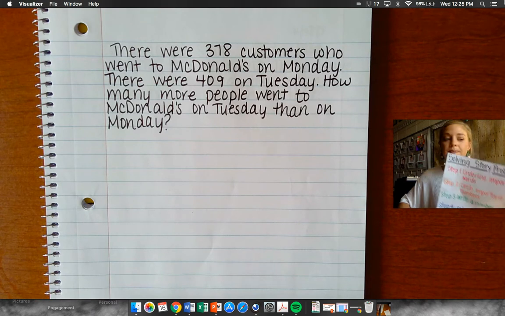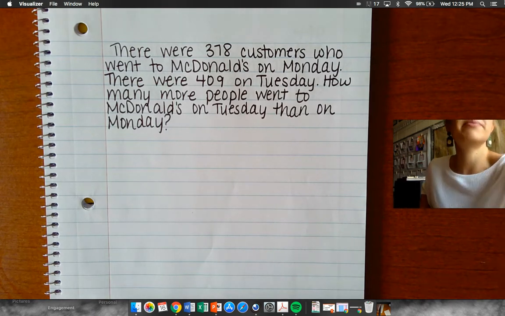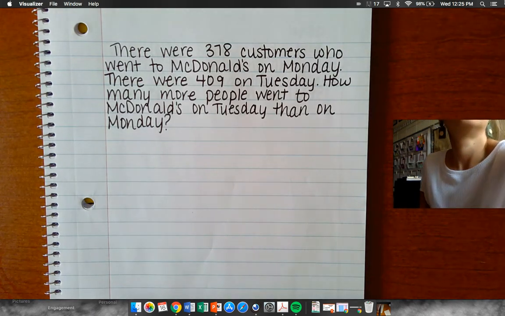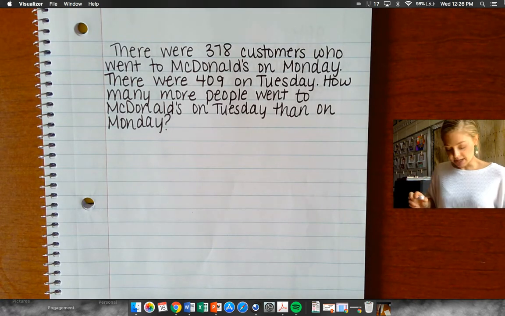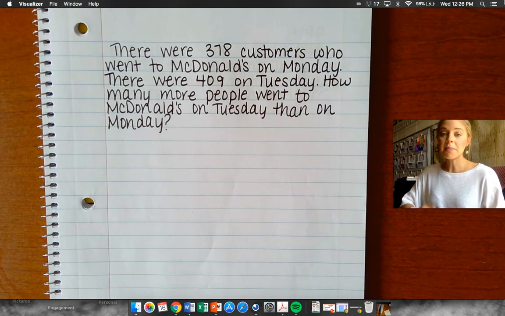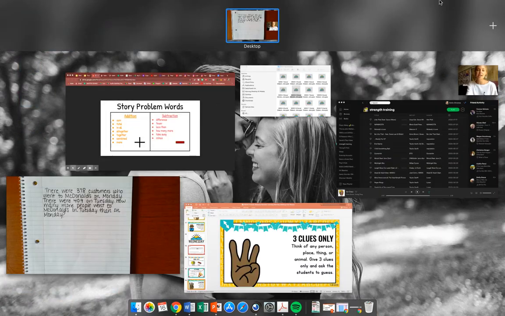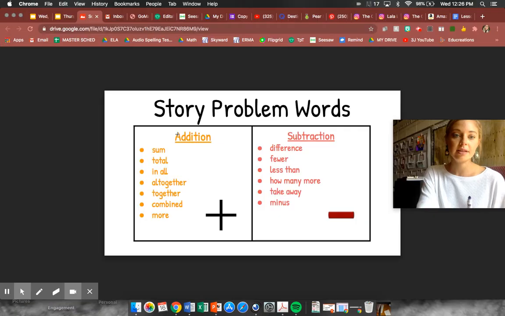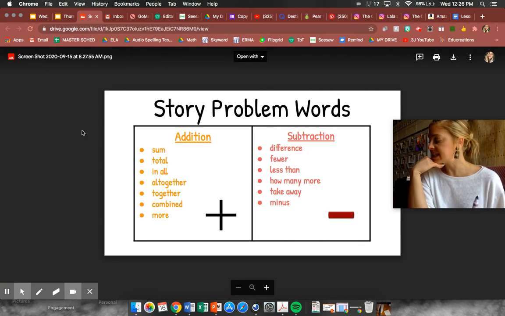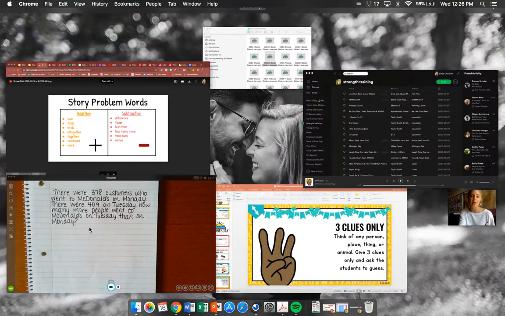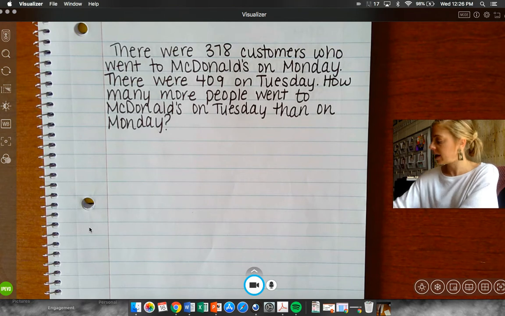Okay, so I'm going to pick a different color this time. I'm going to use purple. So the words that are important in this problem, let's see. Remember, the important words are most likely going to be the words on this chart, okay? Either addition or subtraction. I see the words how many more in this problem, right here.